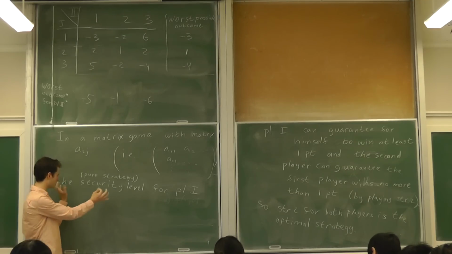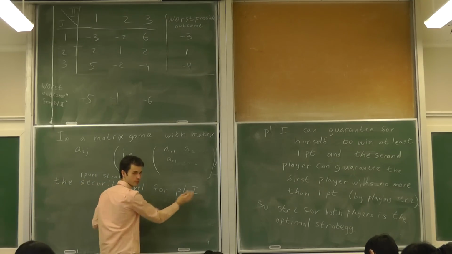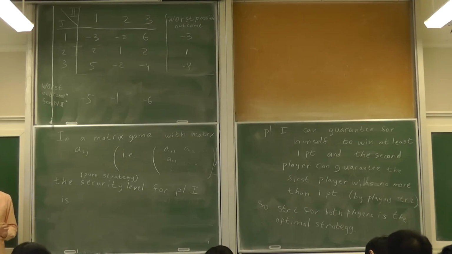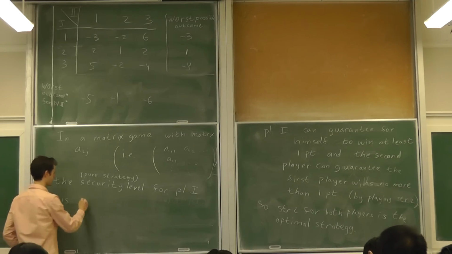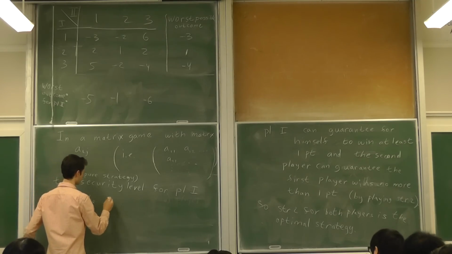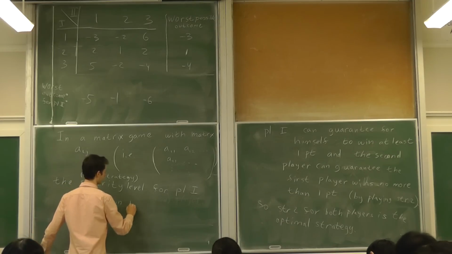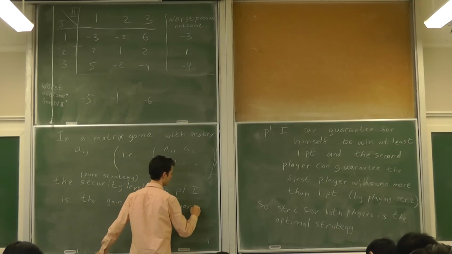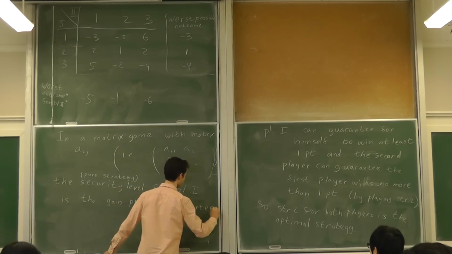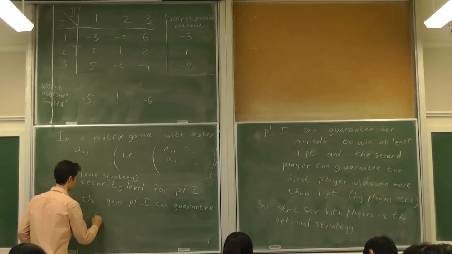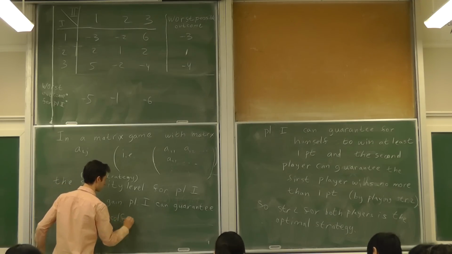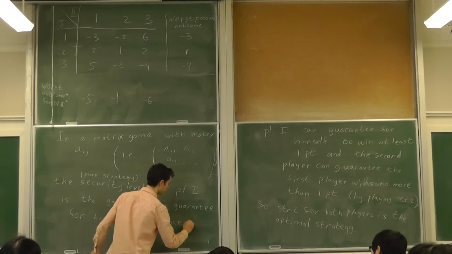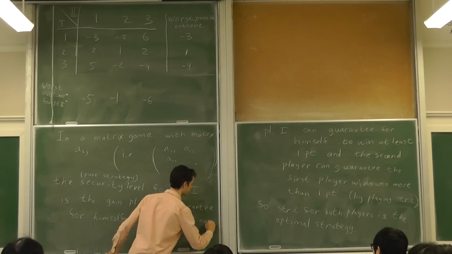But for now, let's just talk about the security level for player 1. First of all, I'll explain what is the meaning: it is the gain player 1 can guarantee himself by the choice of one of the strategies.